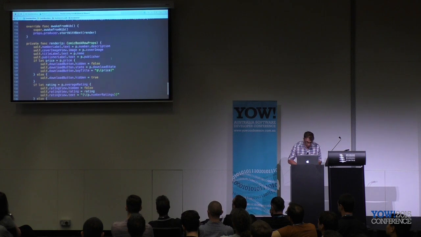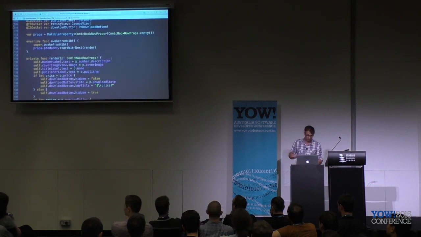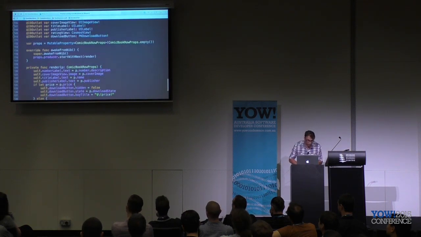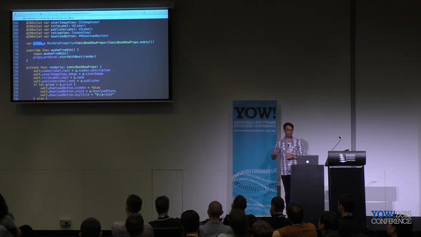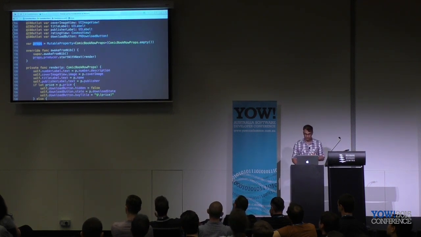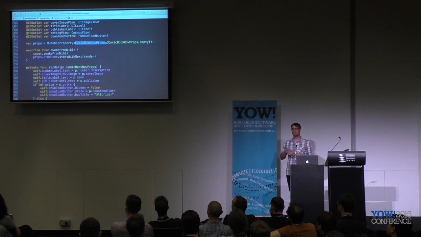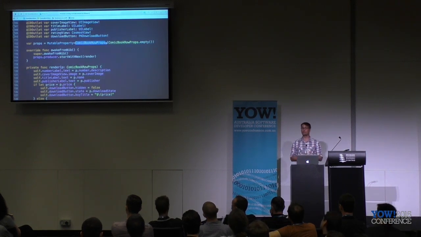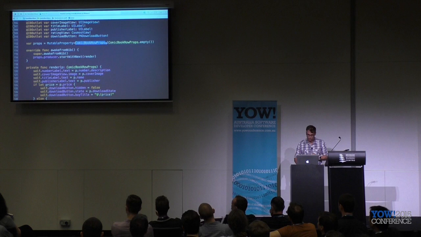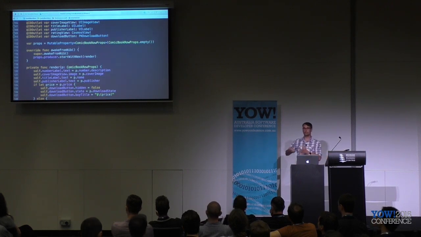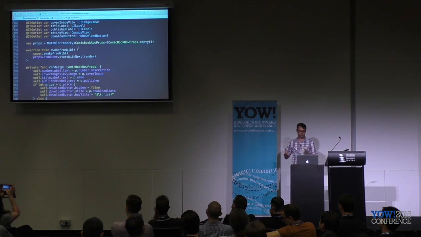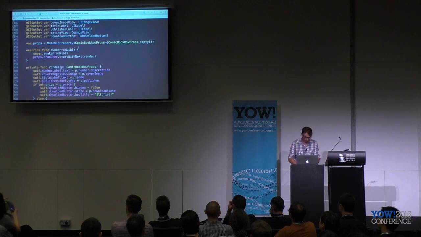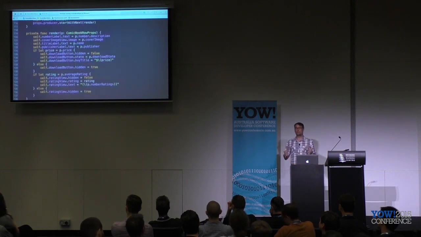And what I'm going to do, you guys did not want to watch me type all that out, by the way, is declare a props type on my cell, which is a mutable property, and it's of this comic book row props type, which has got all the values I need to render the cell. It's a strongly typed value, so obviously I'm always going to get a value of that type rather than, in JavaScript, any old rubbish, thanks to the magic of the type system. Sorry, for the JavaScript developers, a type system.